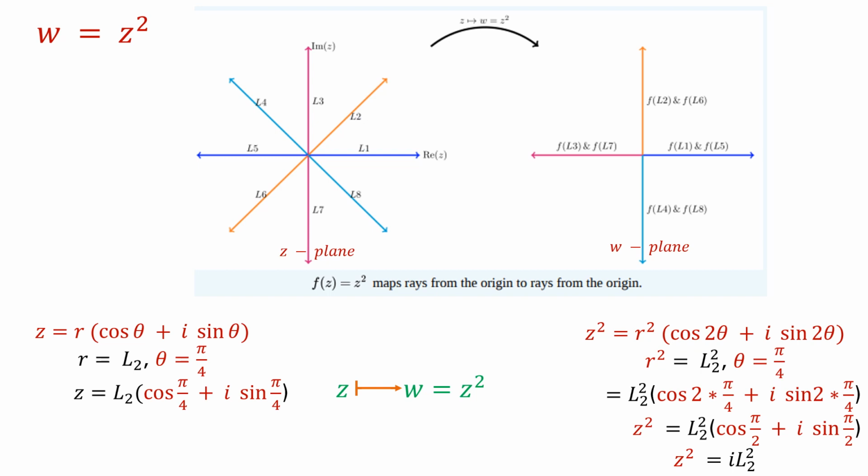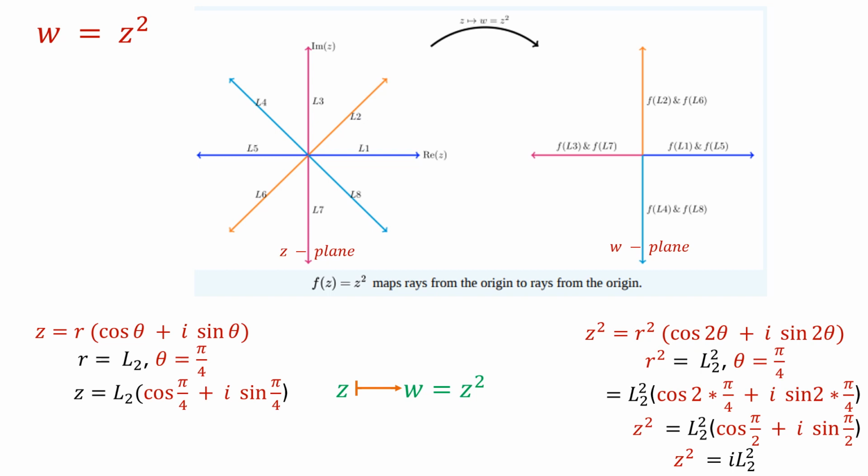So under mapping as z square in the w plane, we have z square is equal to r square (cos 2 theta plus i sin 2 theta). So r square is L2 square and theta is pi by 4, and substituting theta as pi by 4, now we have cos 2 into pi by 4 plus i sin 2 into pi by 4, and hence we have z square is equal to L2 square (cos pi by 2 plus i sin pi by 2).